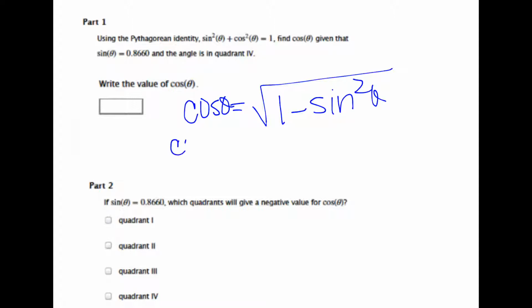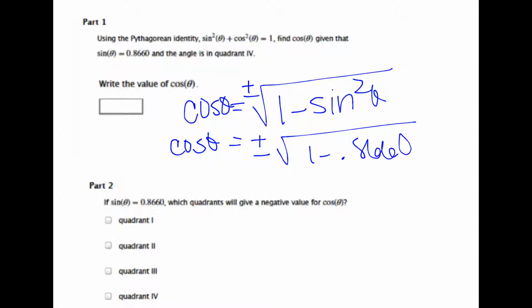So cosine theta equals plus or minus the square root of 1 minus 0.8660 squared. This was on your tests also. 0.8660 squared is 0.25004, but you've got to do the square root of it.